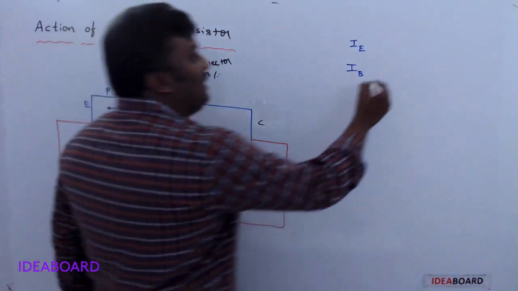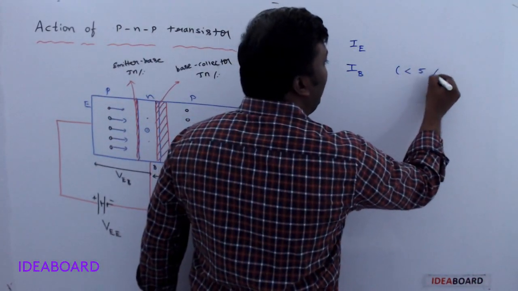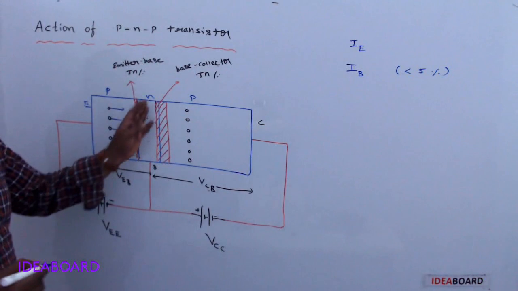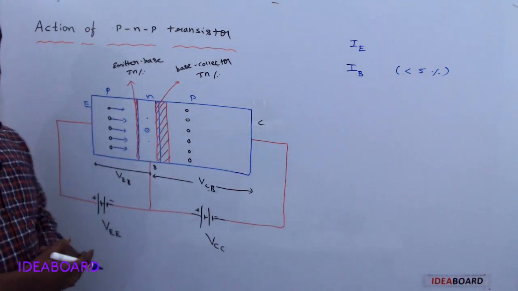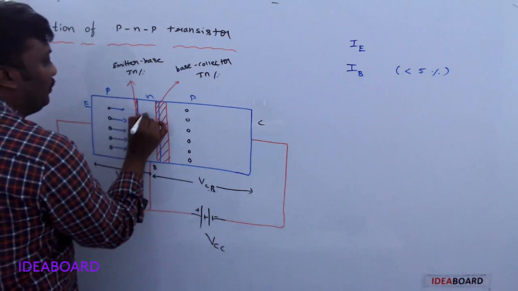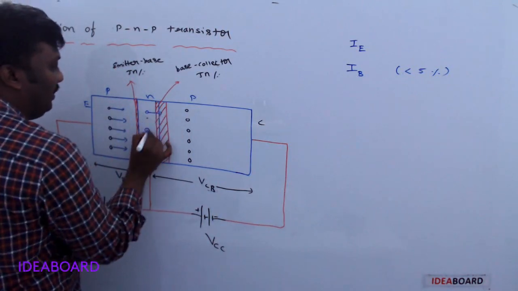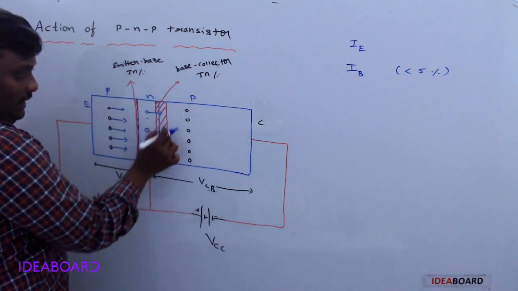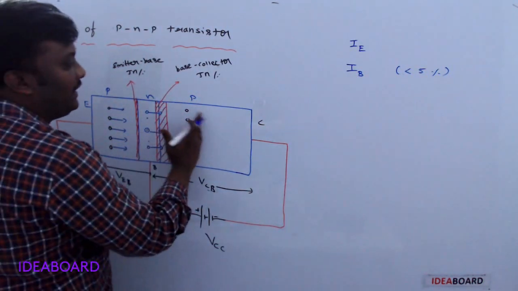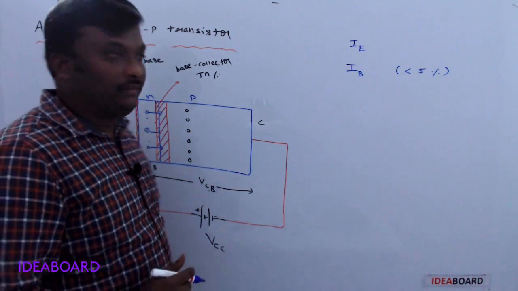But only less than 5% of holes recombine with the electrons in the base region. Okay, so most of the holes penetrate the collector junction and enter the collector region.